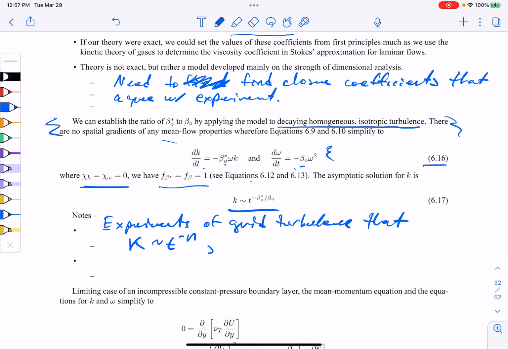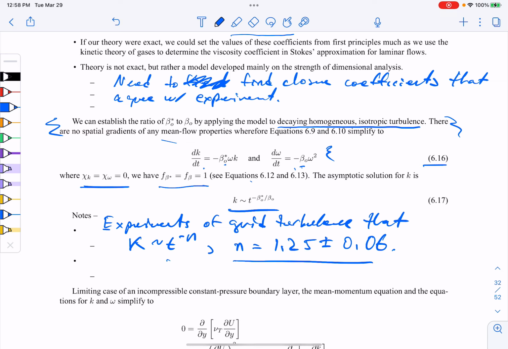They found that n had a range, because that's a measurement: n goes about 1.25 plus or minus 0.06. Those measurements have been conducted many times by many groups, and they're finding this constant negative power of n for homogeneous isotropic decaying turbulence.